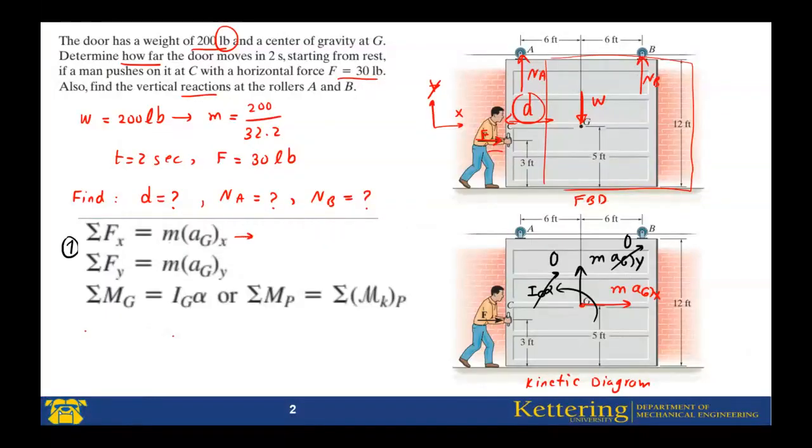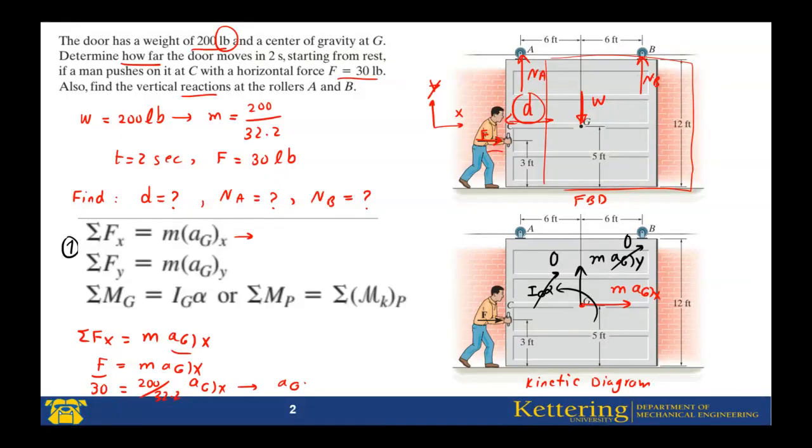For the first one, summation of the forces along x equals m a_Gx. The only force along x is F. There are no other forces along x. So F equals m a_Gx, or we have the force, 30 pounds, and the mass, 200 divided by 32.2, multiplied by a_Gx.